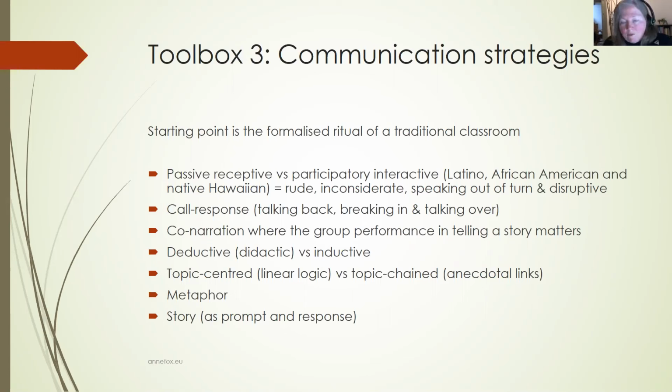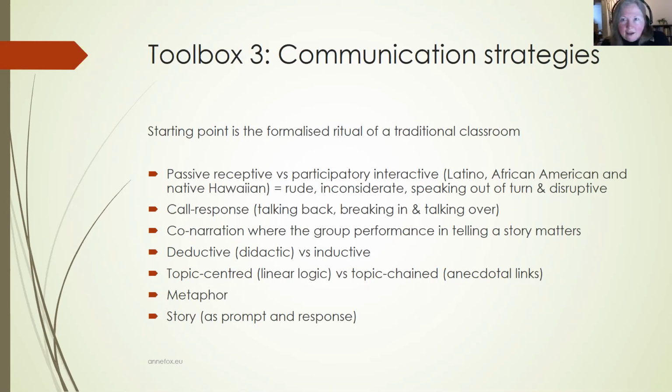And I'm not saying that the things that are listed here would all be relevant, but for example, in the American context, they've made a distinction between what they call passive receptive, which would be the traditional classroom type of communication, versus participatory interactive way of communicating.